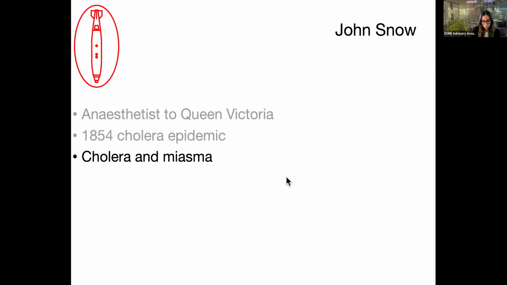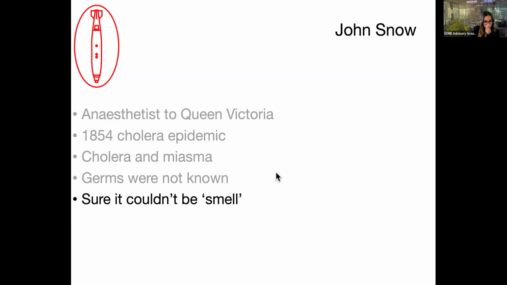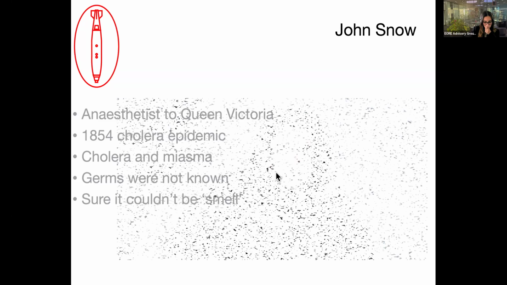There was this idea called miasma theory, that bad smells were causing cholera. Germs weren't known, so that's how they came up with the idea that it was the smell. There was a correlation between bad smell, bad water, and cholera, but they thought it was a causal relationship. He was sure it couldn't be smell.